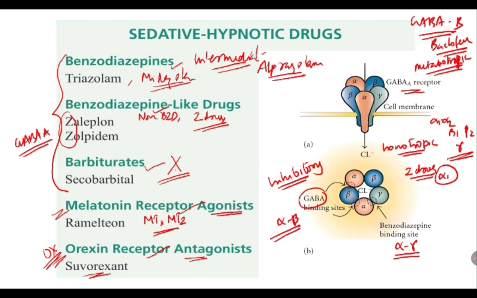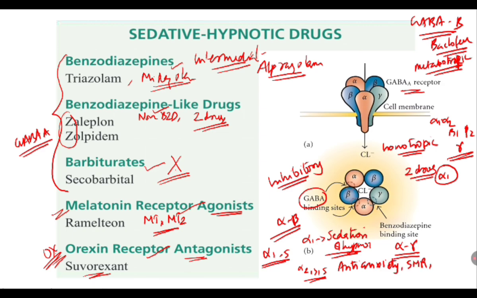The alpha subunits have several subtypes, alpha 1 to 5, and the alpha 1 subunit is mainly responsible for sedation and hypnosis, whereas alpha 2, alpha 3 and alpha 5 deal with anti-anxiety effect, skeletal muscle relaxation, and anti-convulsant action.